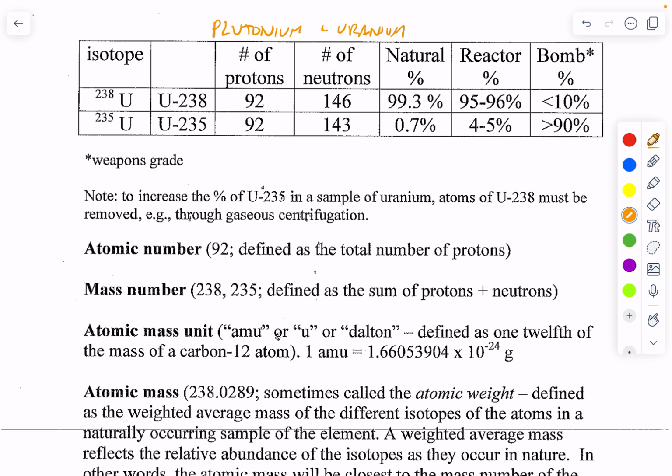These are the only 2 elements that are in significant abundance enough to be able to fuel a nuclear reactor or to make a nuclear bomb. The nuclear bombs that were dropped in Hiroshima and Nagasaki in the summer of 1945, one was a uranium fission bomb, one was a plutonium fission bomb.